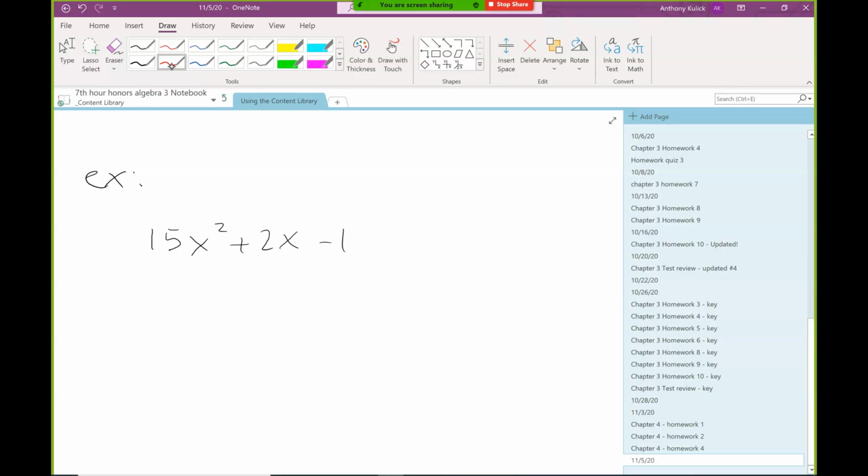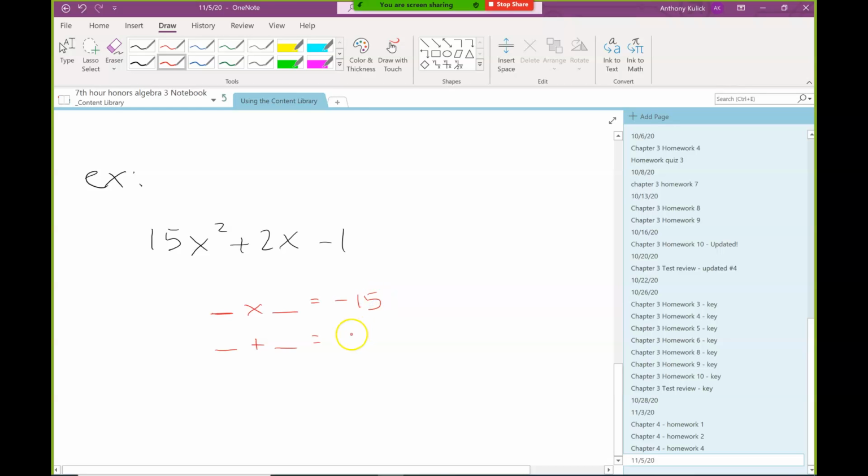Let's say we have 15x squared plus 2x minus 1. We're going to start by finding our two numbers that multiply to give us what? 15 times negative 1, or negative 15.